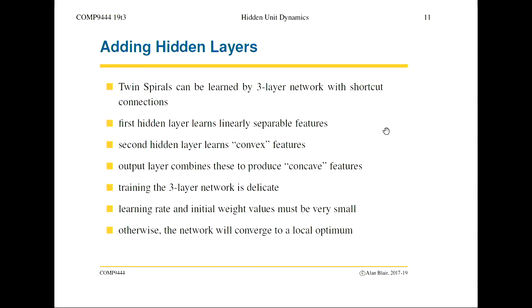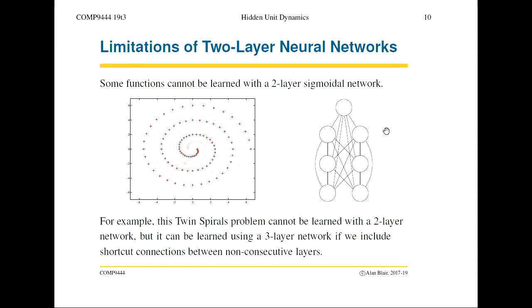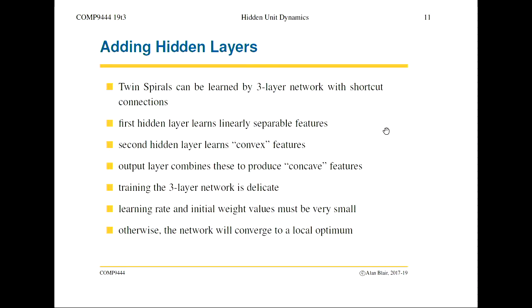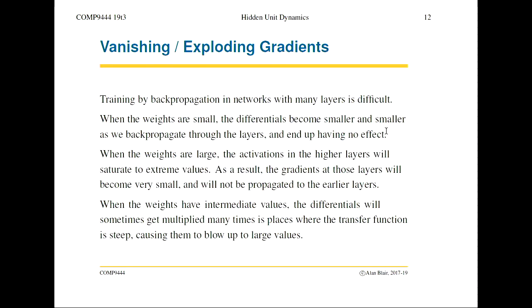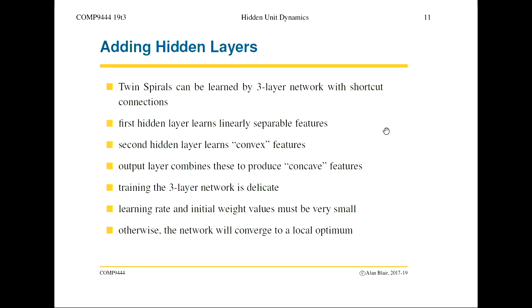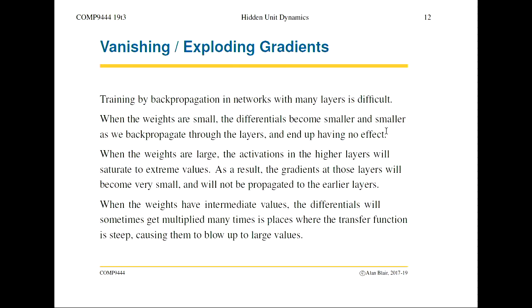But naively you might think, okay, if I've got a complicated task that can't be learned with a two-layer neural network, I'll just keep adding more layers. Maybe if I have 3 or 4 or 5 or 6 layers, the task may be learned. But when people first tried to do this in the 90s, they found that it's not as easy as you might think.